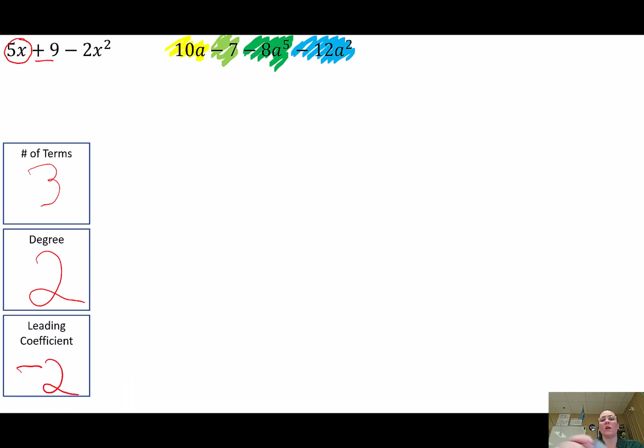Well, my dark green one, my negative 8a to the 5th, is my term with the largest exponent. My next one would be the a squared, so minus 12a squared. Then 10a, so plus 10a. And finally our constant, minus 7.